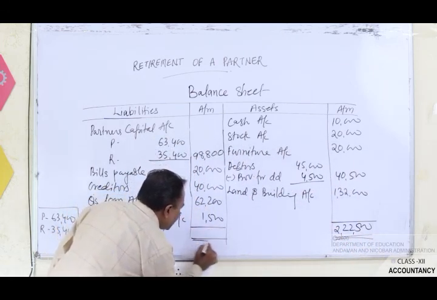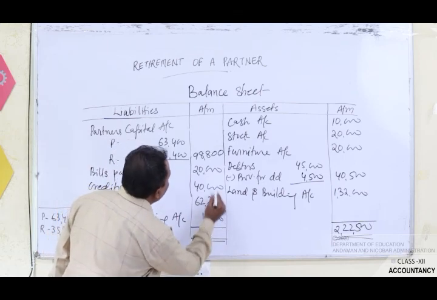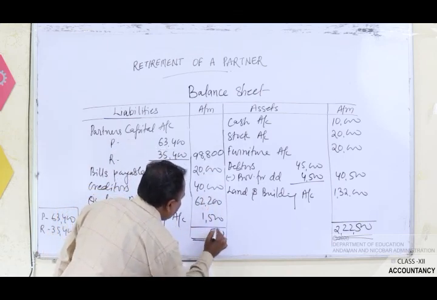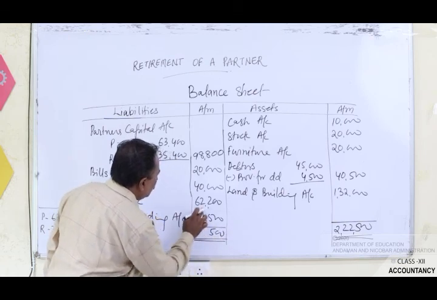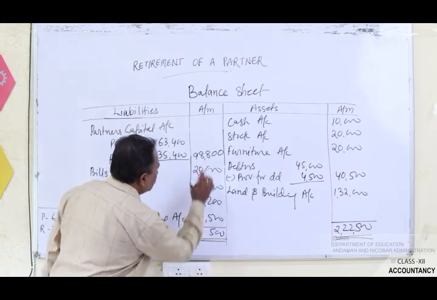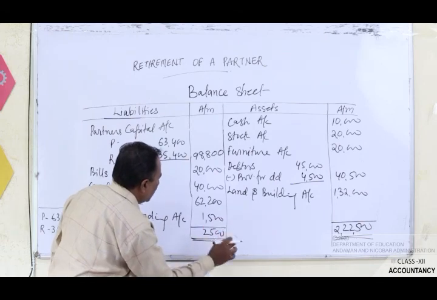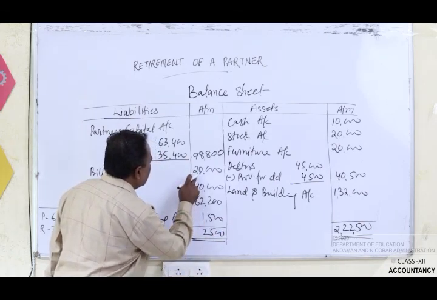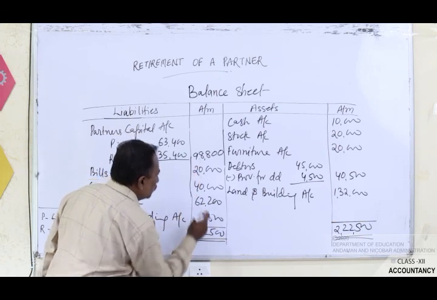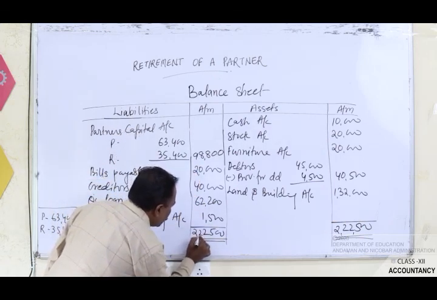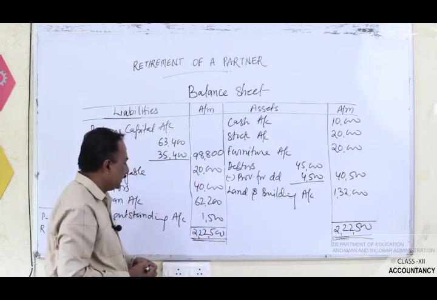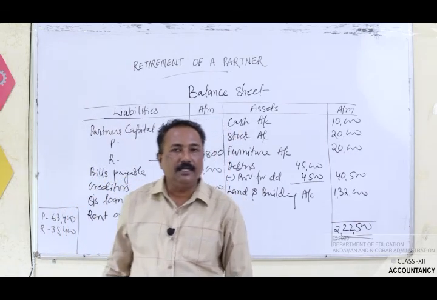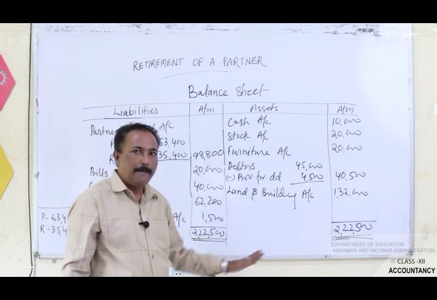We should get the same figure here also. So it is rupees 2,22,500. So students, this is the way in which we will prepare the balance sheet.